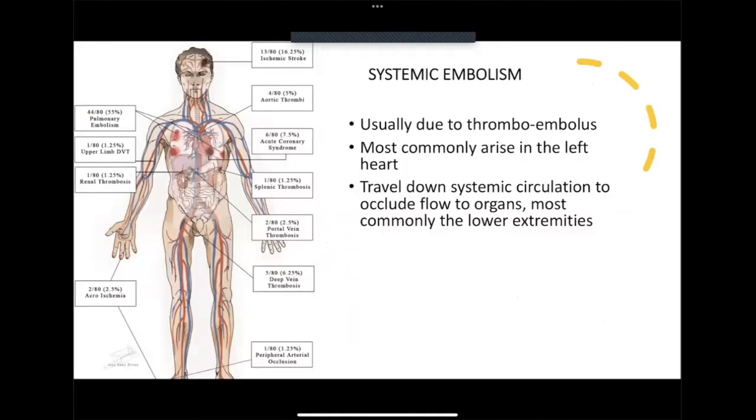You could also have systemic embolism if the thrombus arises mainly from the left heart, especially when you have atrial fibrillation, like I mentioned before. So it can dislodge and block anywhere, especially the brain, causing ischemic stroke. And you can see all these places.